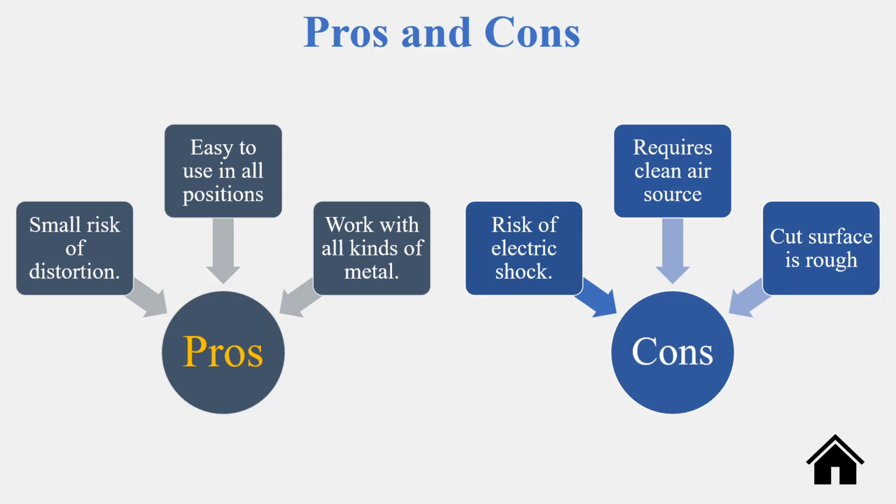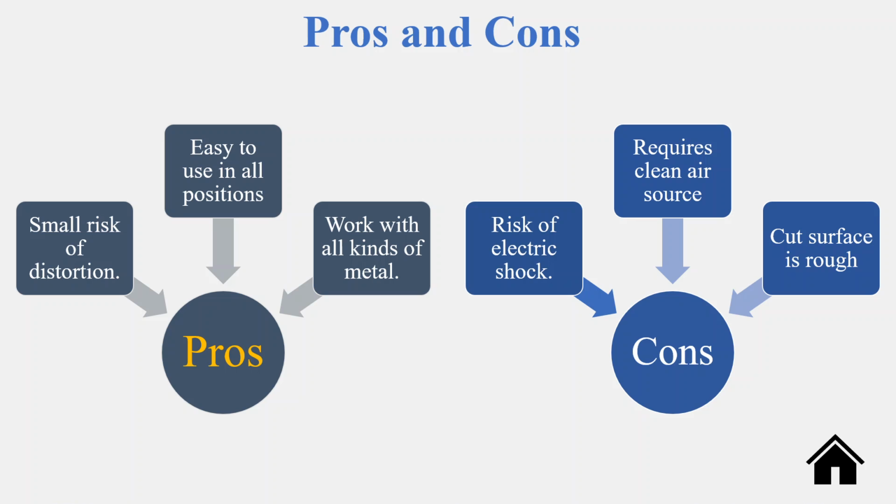And moving to the cons or disadvantages of this process, as we have seen, electricity is involved in this process. So there's a very high risk of electric shock if you're not operating the machine by following the safety measures or safety precautions.